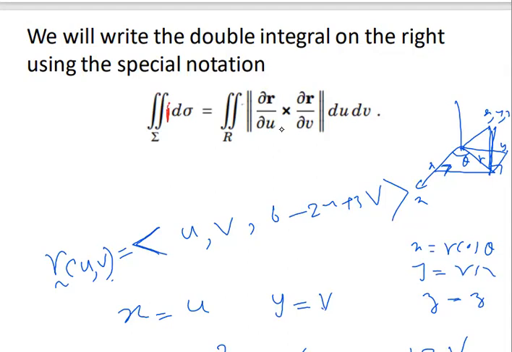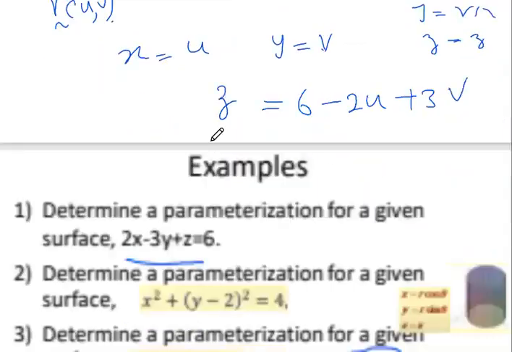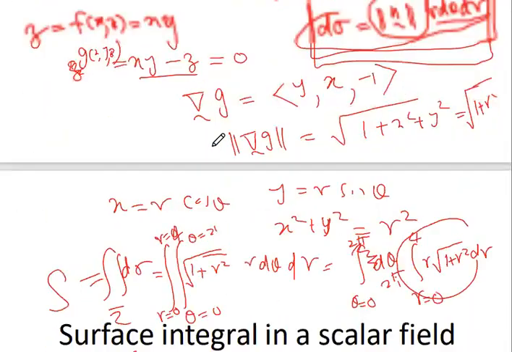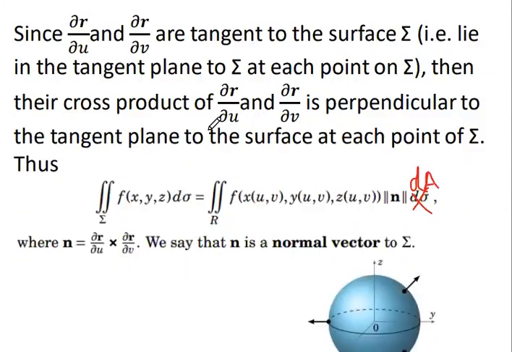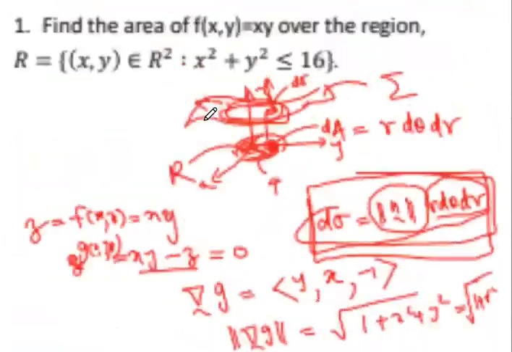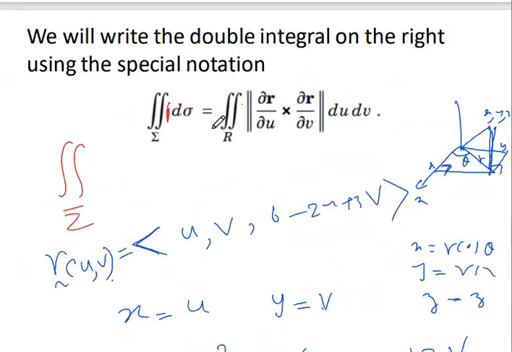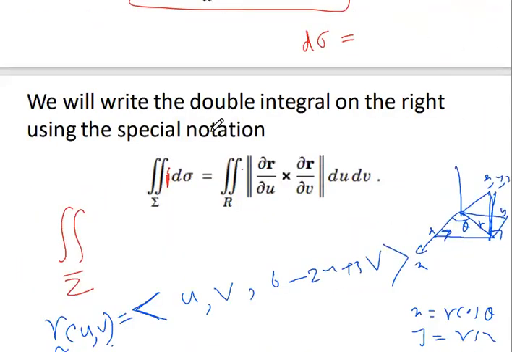So let's say you have a scalar-valued function defined on this sigma surface, let's say temperature over this surface. Find the average temperature over this surface. How do you find it?